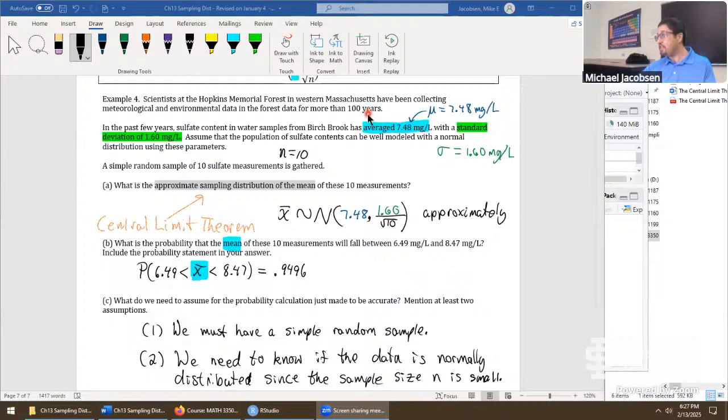They have hundreds of years of data, and they were calculating and estimating these values from recent data. So all we have to ask them is, hey, can you give me a histogram for the recent samples that you have taken so we can see how close or how far away from normality we really are? Then we can assess if the sample size 10 is appropriate at that point. But without that information, this is up in the air if it's accurate or not.